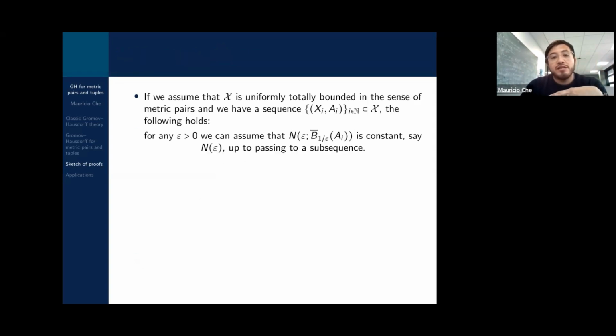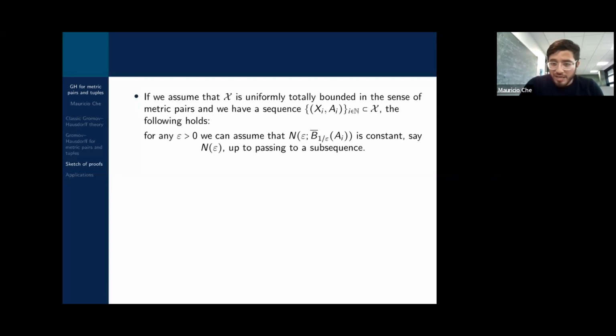Now, if we assume that we have a uniformly totally bounded collection of metric pairs, and we want to prove that it is pre-compact, we take some sequence of elements in that class, and we want to prove that that sequence has a convergent subsequence. Using the hypothesis, we can actually assume that in this sequence, these covering numbers are constant.